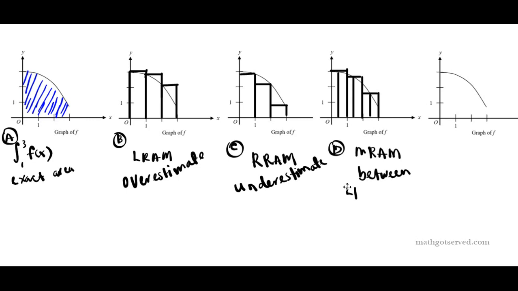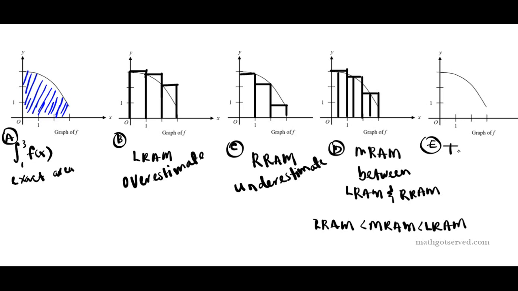As an inequality, we have RRAM at the bottom. RRAM is the smallest one here, and that is less than MRAM, and MRAM is less than, in this case, LRAM.